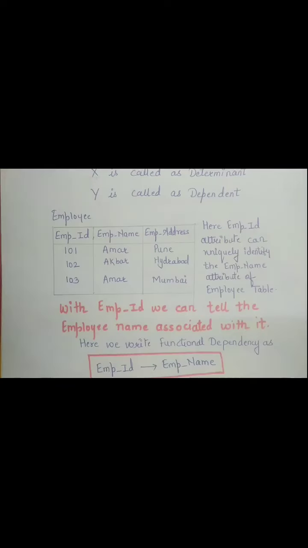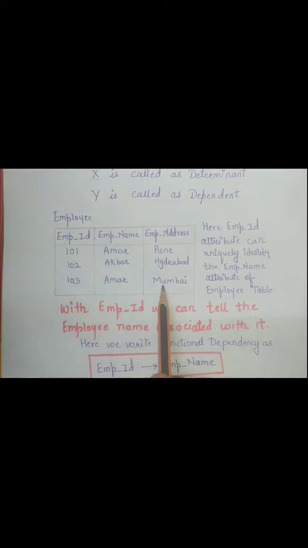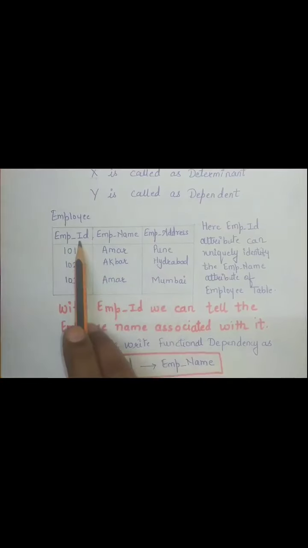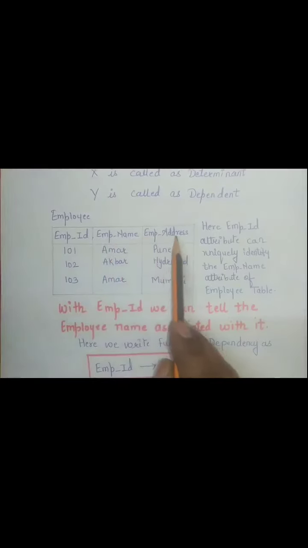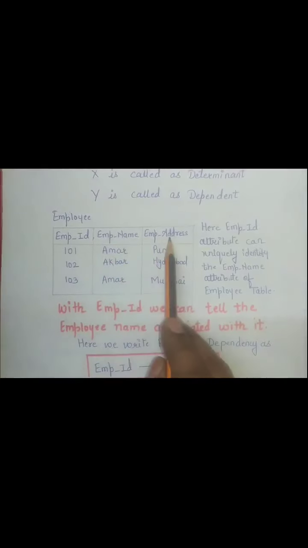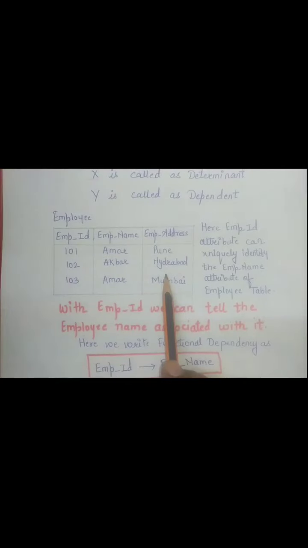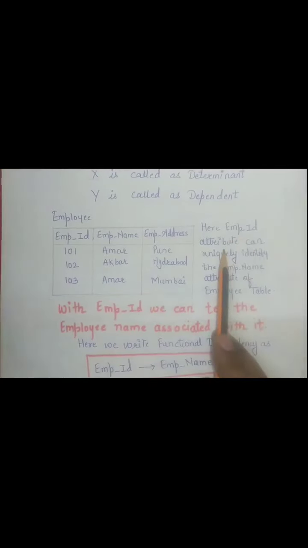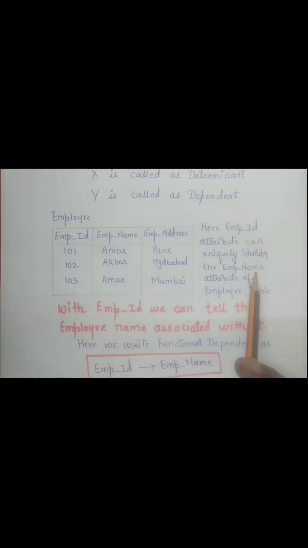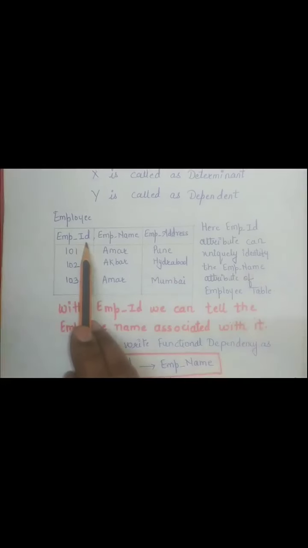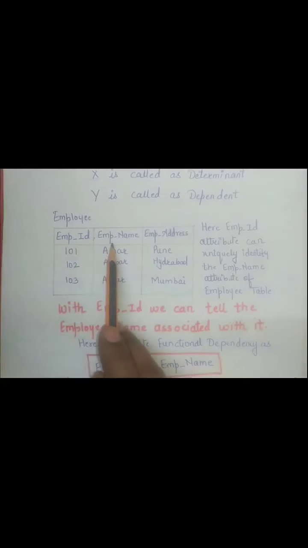Now let's see this example. This is the employee table. You can all see this employee table, right? It has attributes like employee ID, employee name, and employee address. These are the three attributes and these are the values present in this table. Here I can say that employee ID can uniquely identify the employee name.